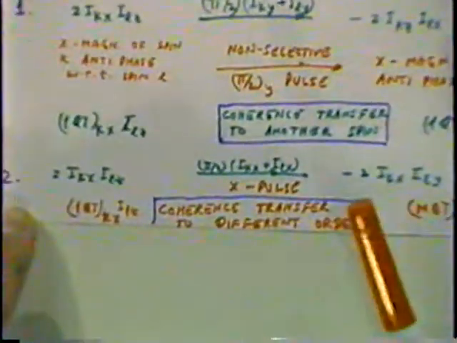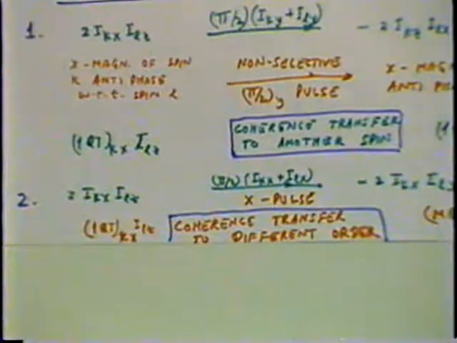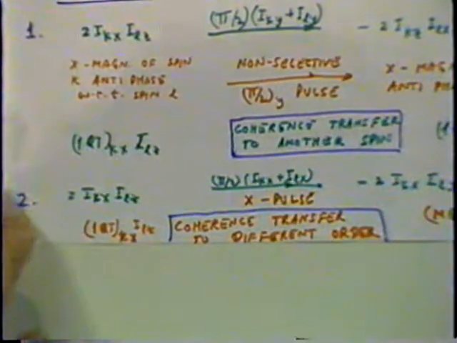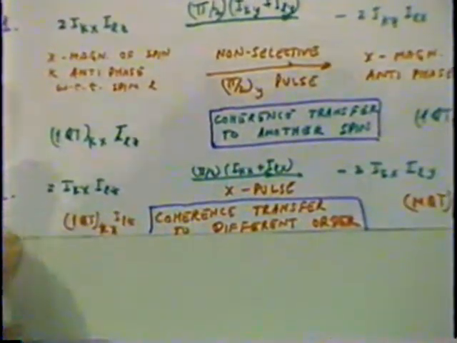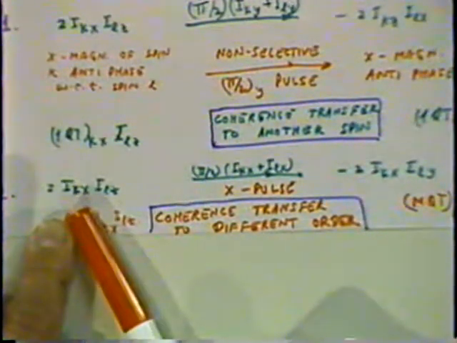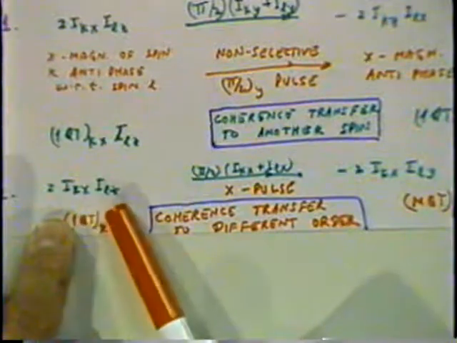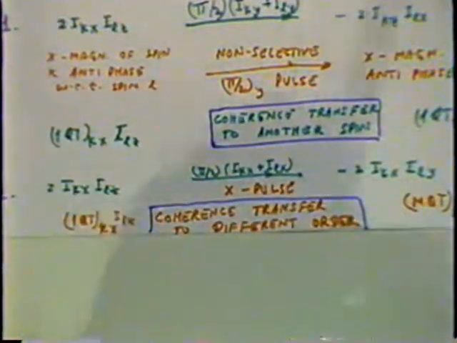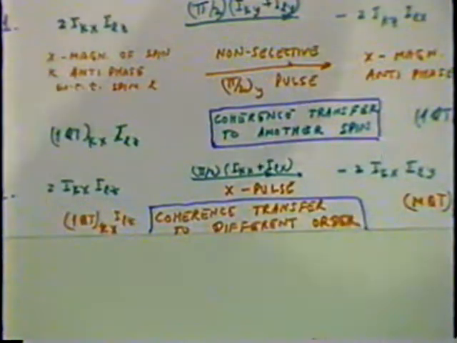What happens if we apply, instead of a y pulse, an x pulse to the same operator? Okay. You see, the x pulse commutes with the x part and doesn't do anything to it, but it rotates the z component into the y component.